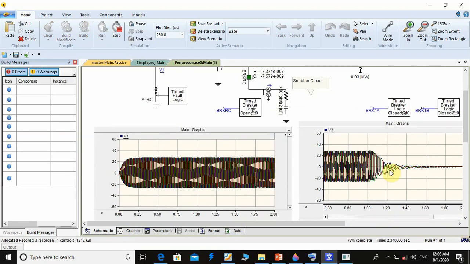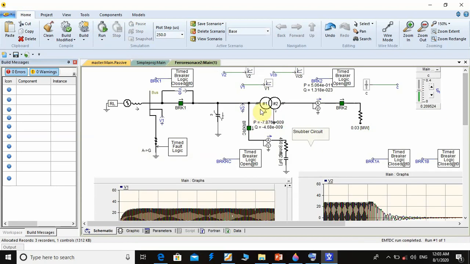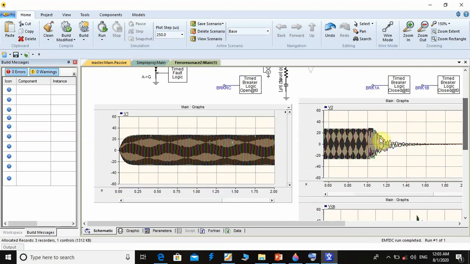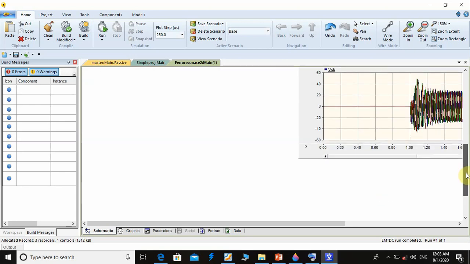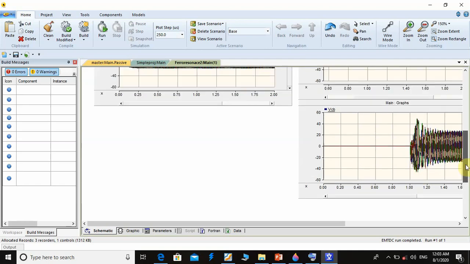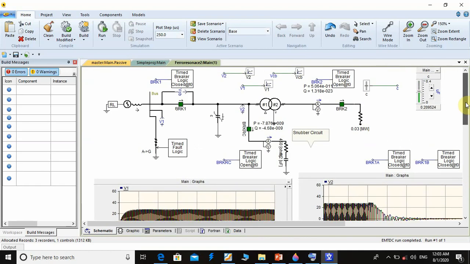Okay, now the voltage V2 here at transformer terminal, I think there is no overvoltage for transformer, but the TRV, the transient recovery voltage across the circuit breaker, is now coming a little bit higher than before.